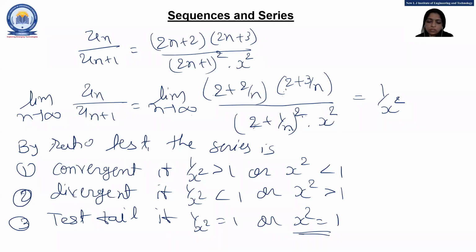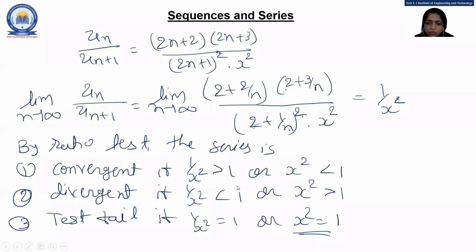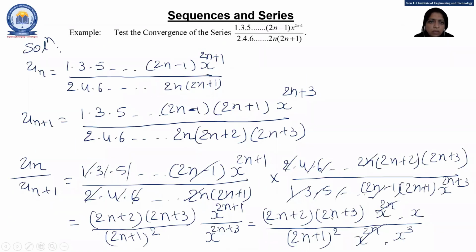So for x square equal to 1, our test failed. Then we go with the Raabe's test. Here un upon un plus 1. See, here x square is equal to 1, right? Then what is our un?